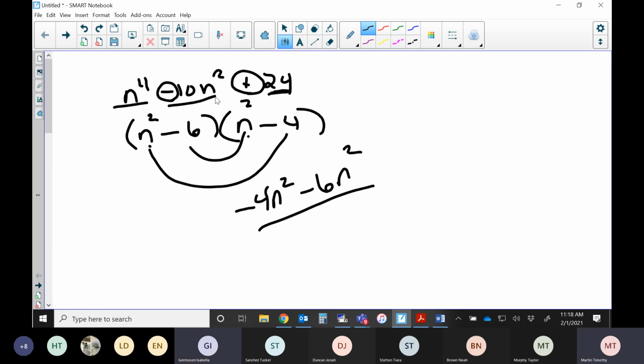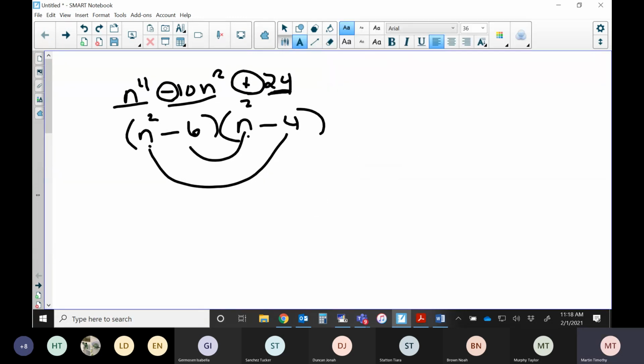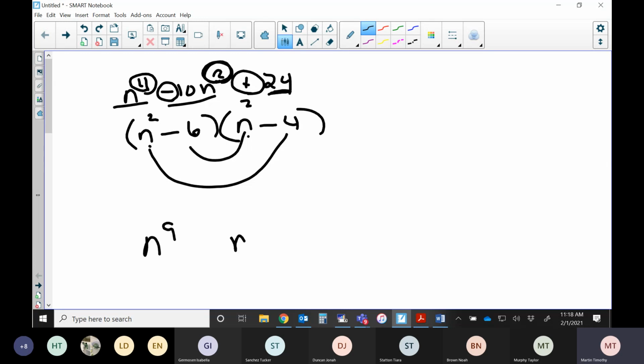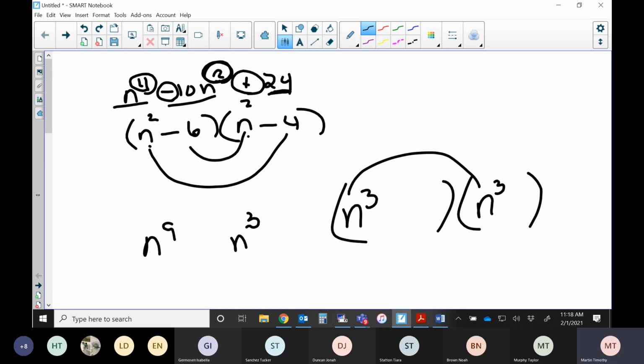Yes. So my top, now you can't do that if this was a 3. This has to be like a 4 and a 2, or you could do like a 9 and a 3, because then the front one can be a third, this one can be a third. So this times this, no, I don't mean that, I mean 6, sorry.